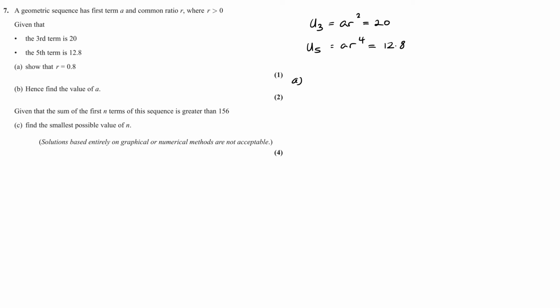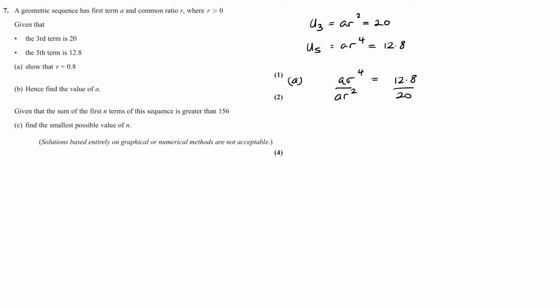So we need to show that r equals 0.8. So if I take my fifth term, so ar to the power 4, which is 12.8, I'm going to divide by my third term. So I'm going to divide by ar squared, and that would be divided by 20.